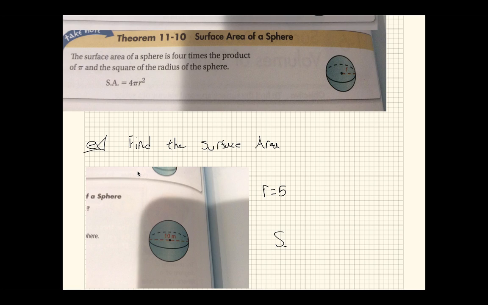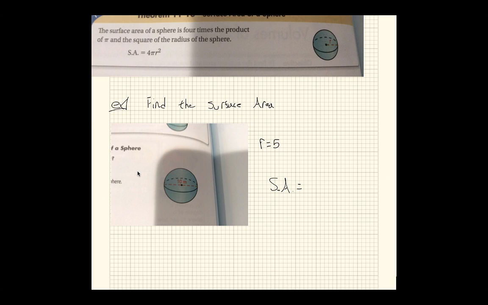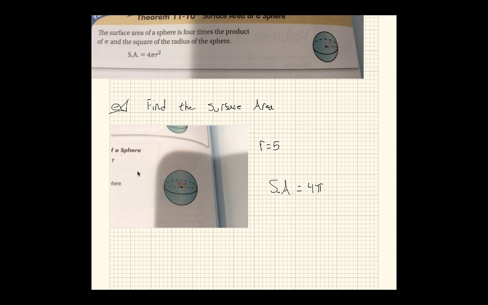So surface area is 4 times pi times 5 squared. Just make sure you square the 5 first. So that is 4 pi times 25. 4 times 25 is 100. So you can do this as 100 pi, if they asked you to leave it in terms of pi.